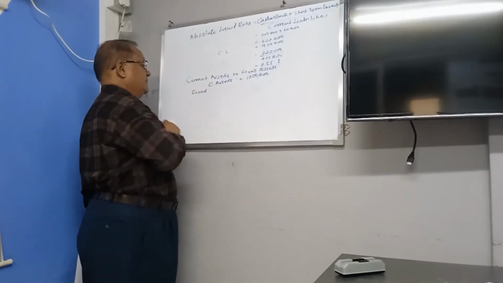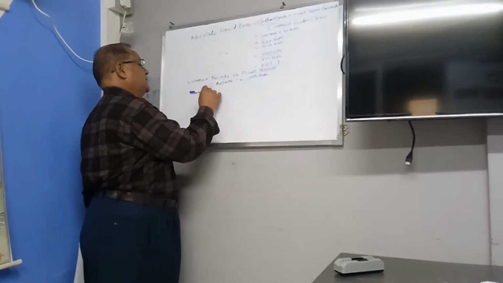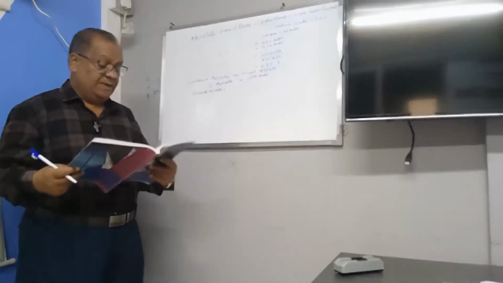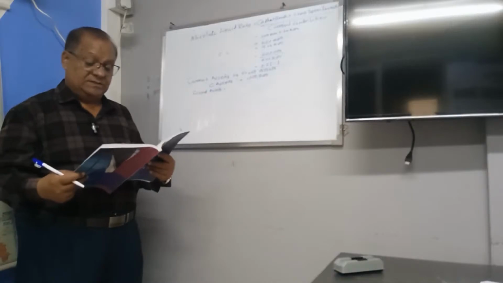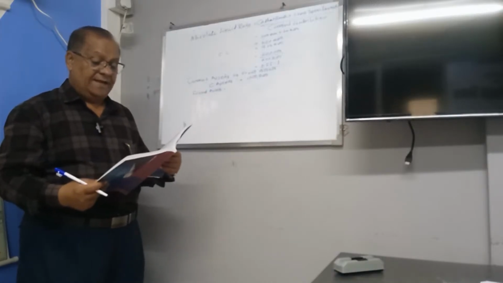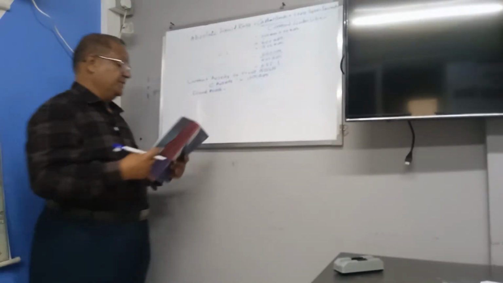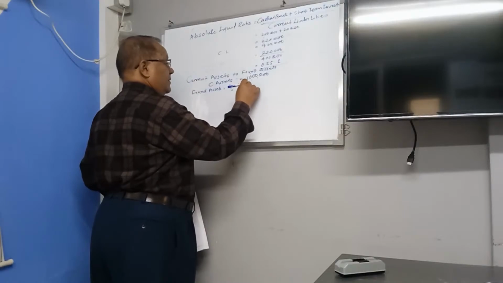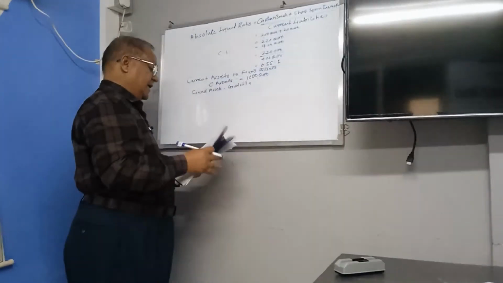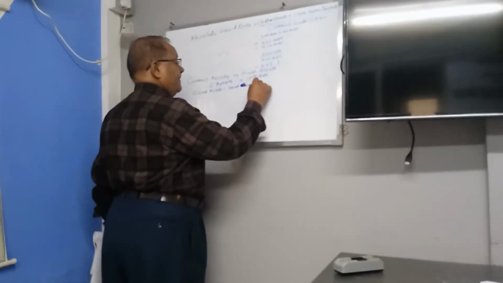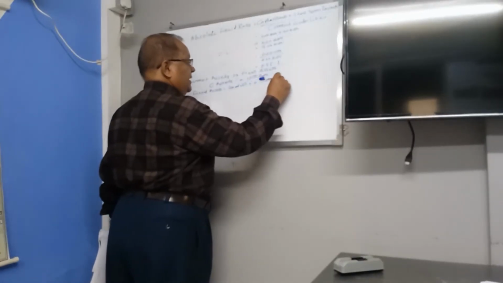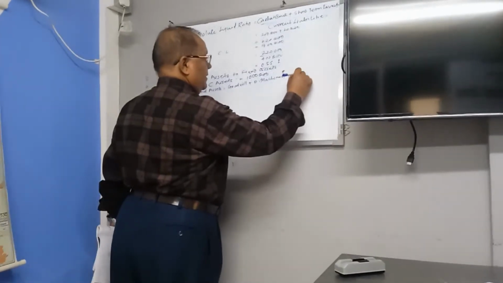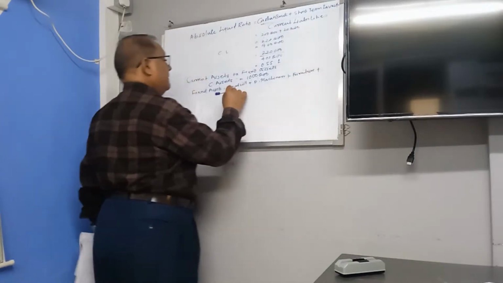Fixed asset is equal to goodwill plus plant and machinery plus furniture plus land and building.